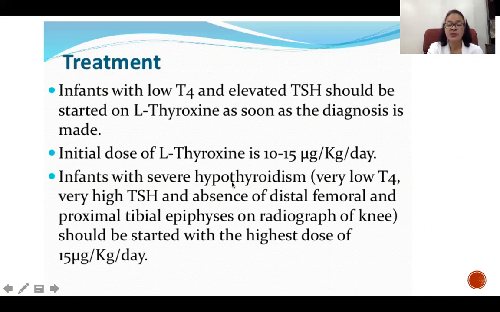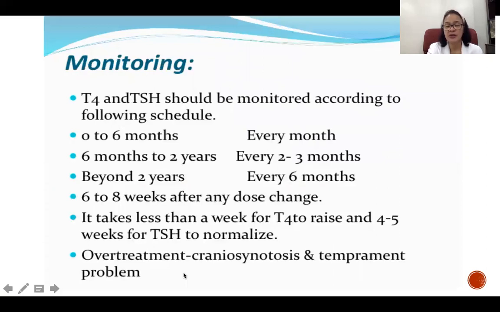Those patients with severe hypothyroidism, meaning very low T4, very high TSH, and absence of distal femoral and proximal tibial epiphysis on radiography, need to start at a higher dose of 15 micrograms per kilogram per day. So how do you monitor these patients?